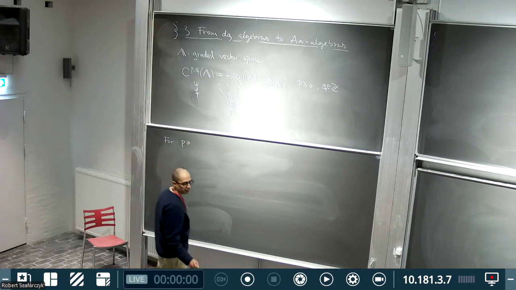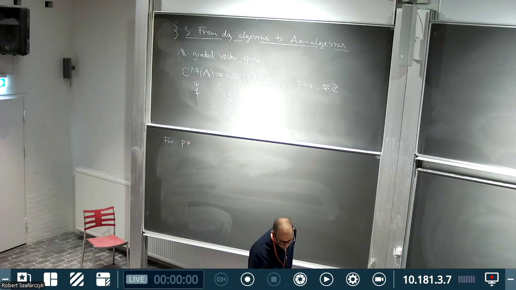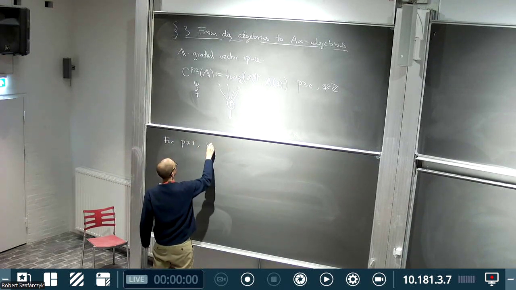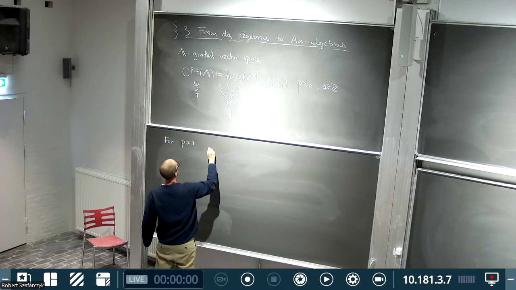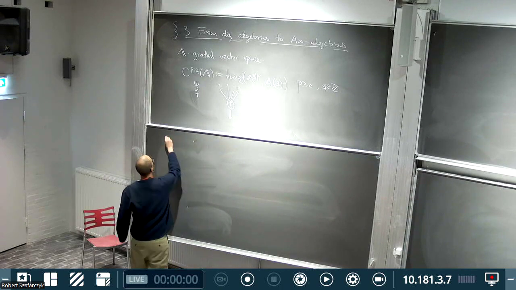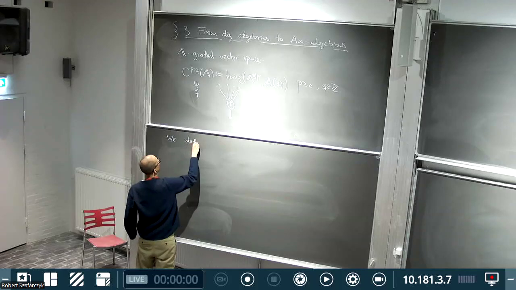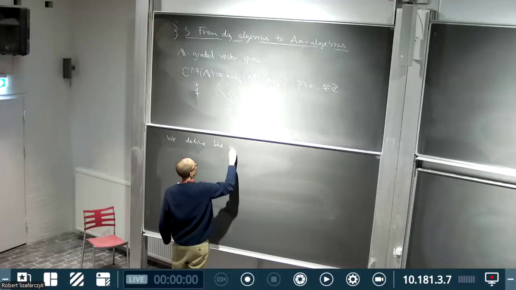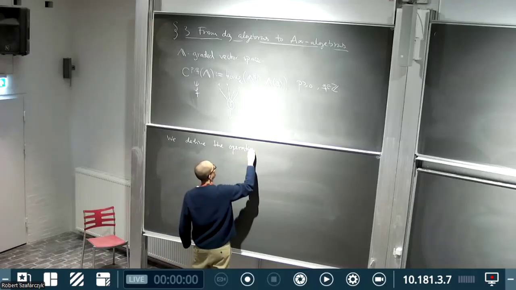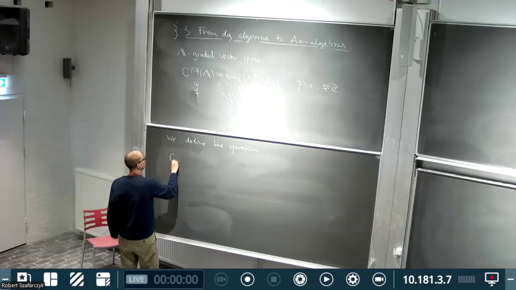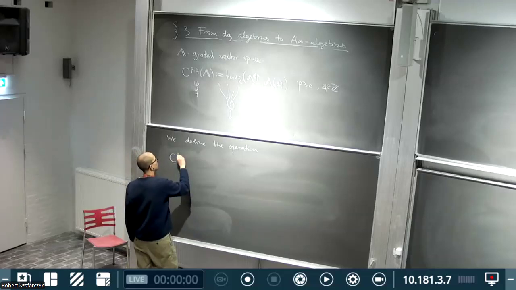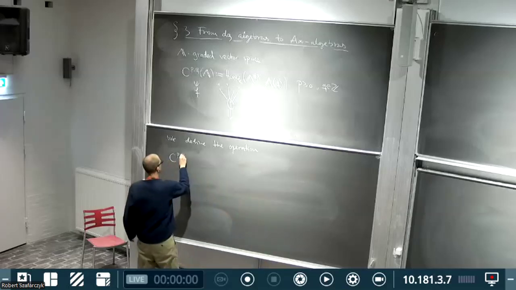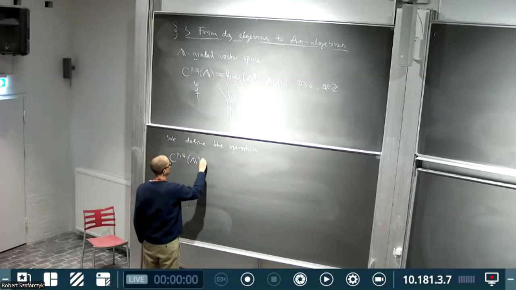So for p bigger or equal to, okay, maybe try this, to define the operation C^{p,q}. I need to check this very carefully, because if I mix them up something will be wrong.